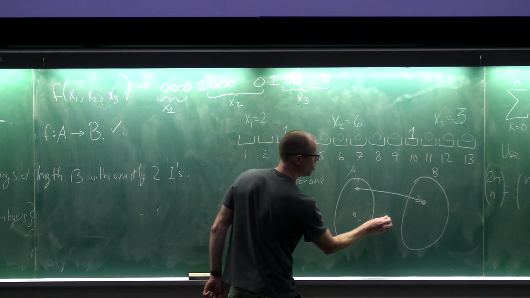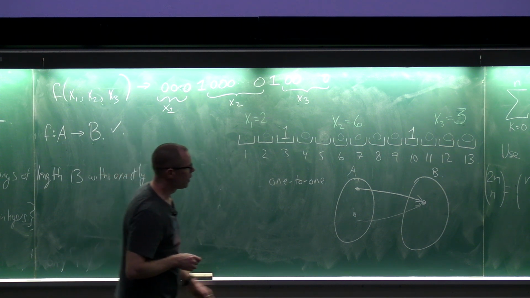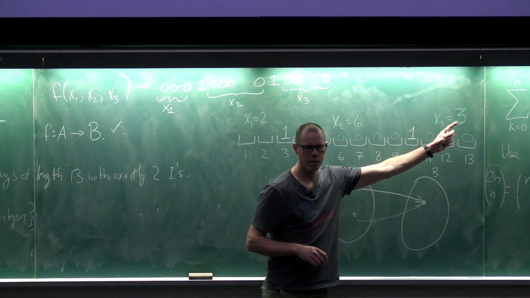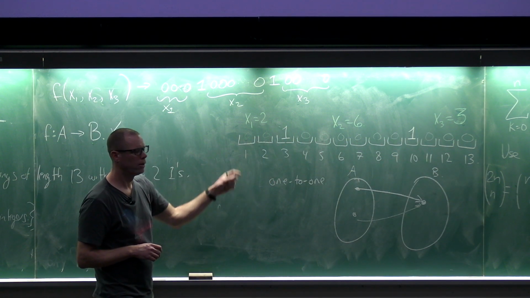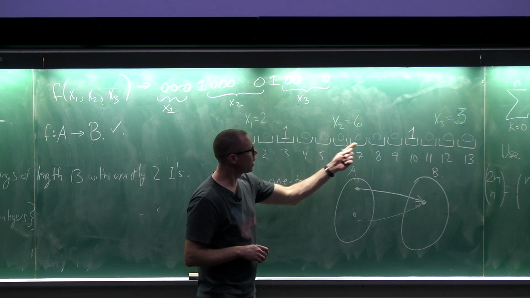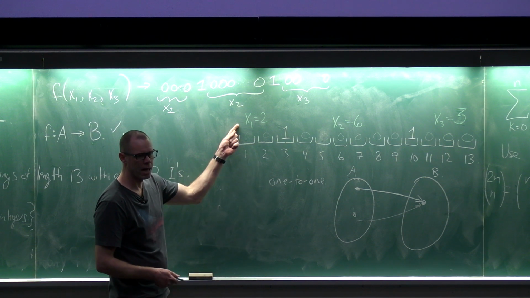So I should not have 2 different things in A that go onto it. If I look at something in B, that thing in B is a string that looks like this: 2 1s, everything else zeros. What is the thing in A that goes onto this string in B? Well, we just figured out that there's only one, and you get it exactly this way.